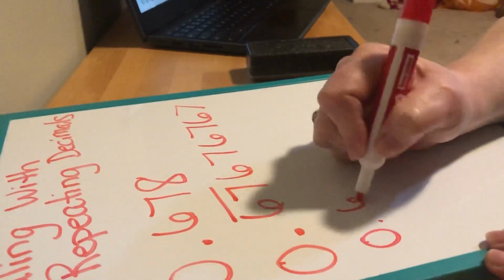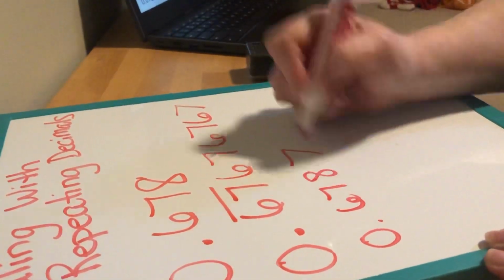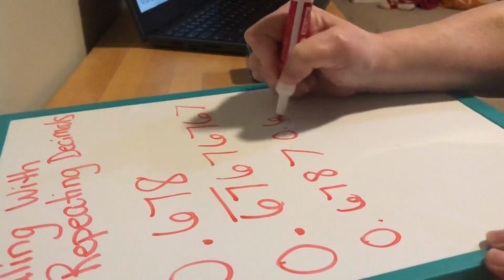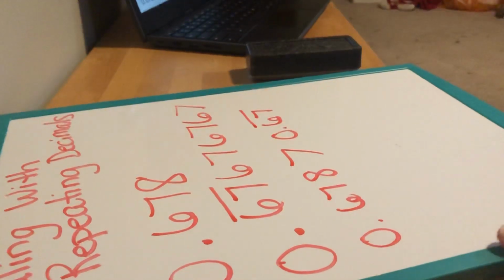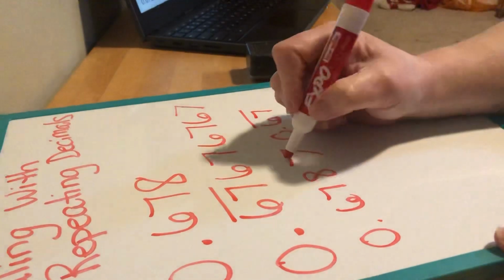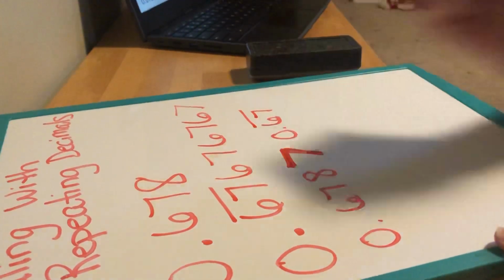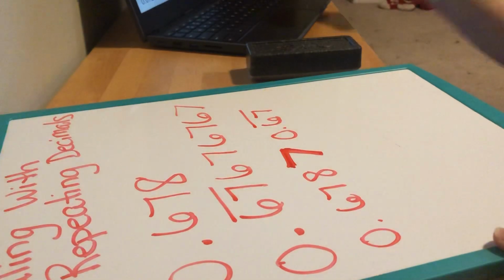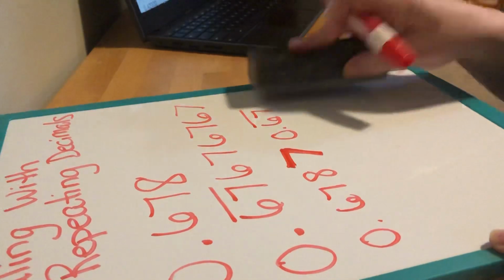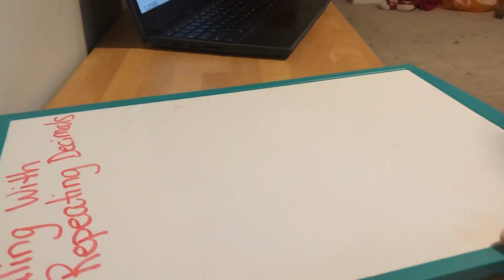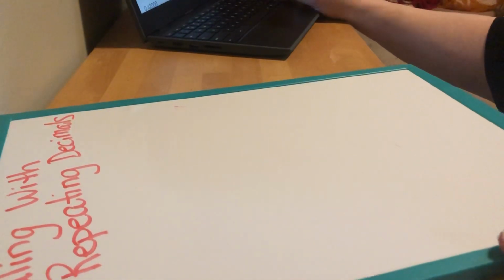So 0.678 is actually bigger than 0.67 with bar notation. Does that make sense? This is my greater than, less than sign eating the bigger number. Okay? And so it asks you to go through a couple of those, just being very careful to notice where that bar notation is located, right? And there are 2 questions for that.